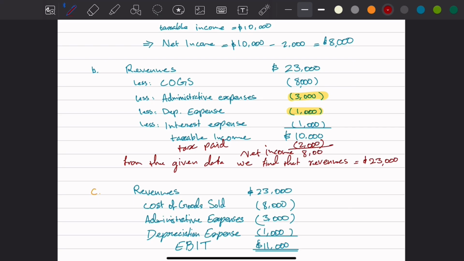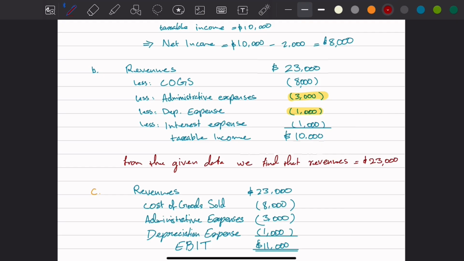That's not really necessary because in this part B, we were just trying to find the total revenues, but just so you get a clarification on why we have stopped here. We could have completed it, but it wasn't necessary, right?